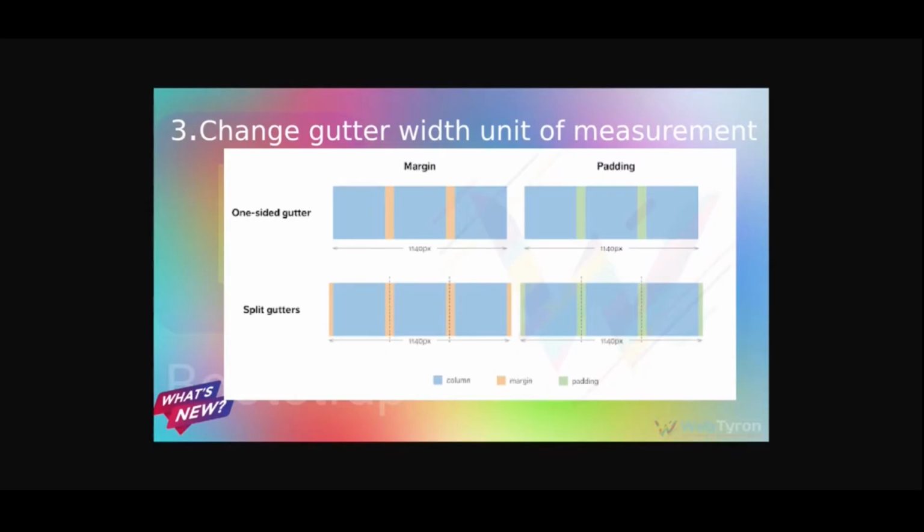Third major change in Bootstrap 5 is change gutter width unit of measurement. CSS offers way to specify size or length of element using various units of measurement such as pixels, rem, percent, vertical width and vertical height.